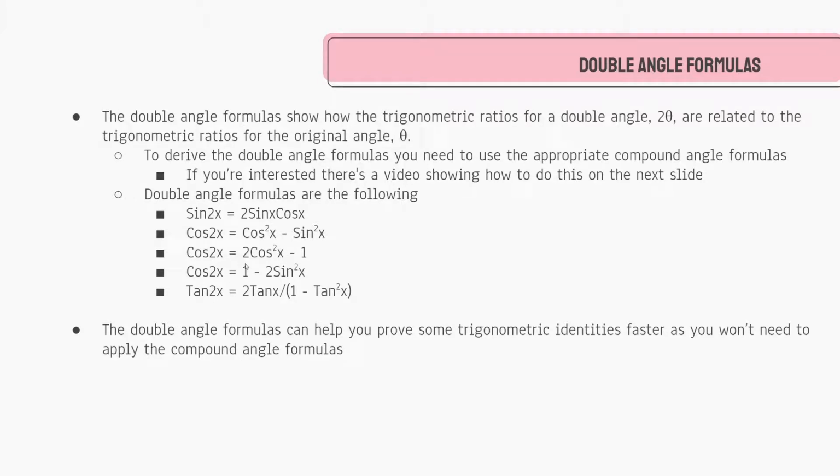And the last one is 1 minus 2 sine squared x. Now, for our tan, tan 2x is equal to 2 tan x divided by 1 minus tan squared x.